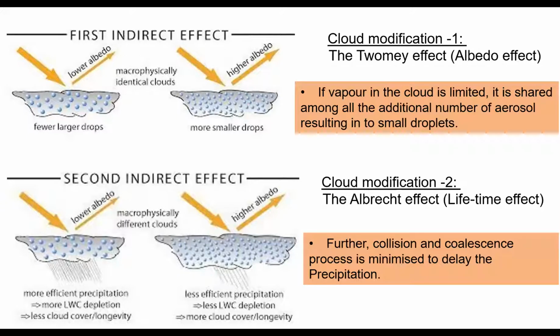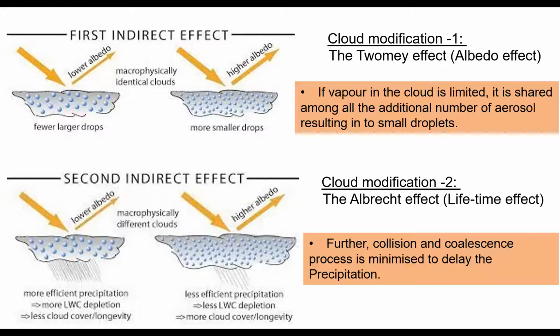What happens is that this additional number of aerosols, after entering the cloud, competes for the water vapor. If the water vapor present in the cloud is limited, meaning there is no exchange of water vapor between the cloud and the environment, it is fixed.